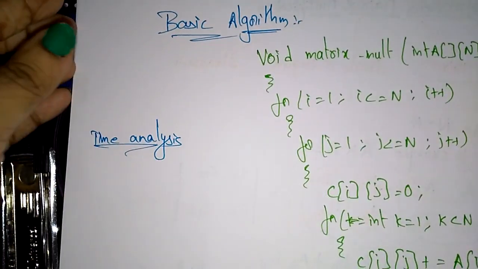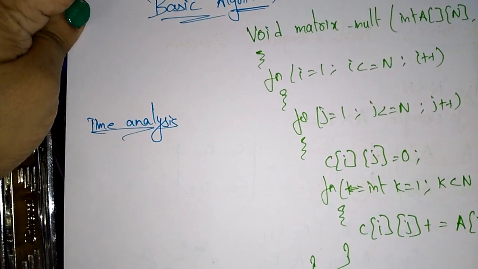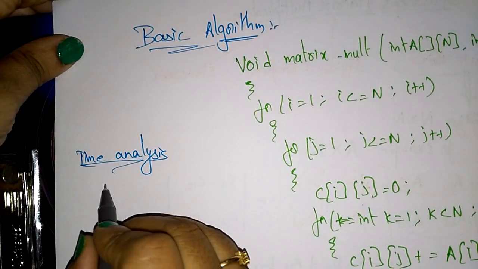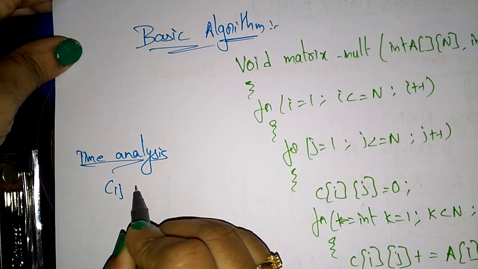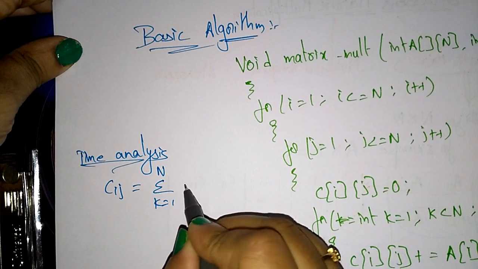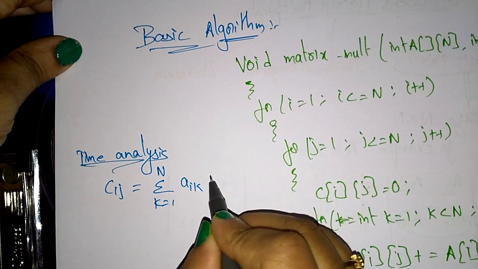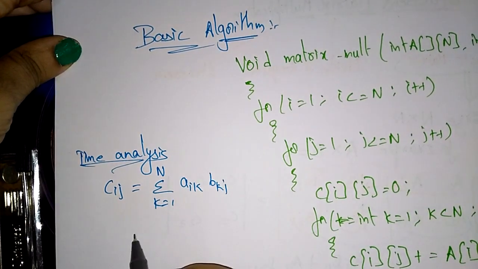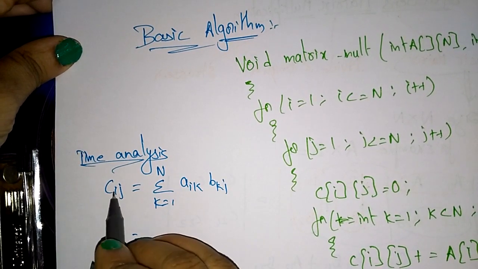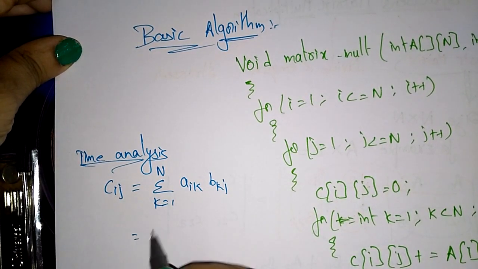Let us see the time analysis here. Let's take C i j equal to the sum over k from 1 to n of a i k, b k j. This is the calculation of C i j, meaning i row and j column.